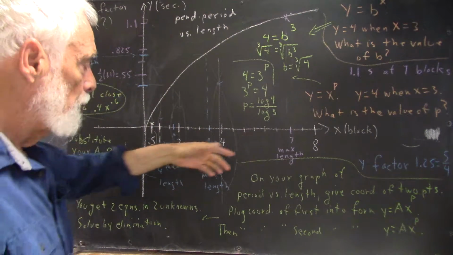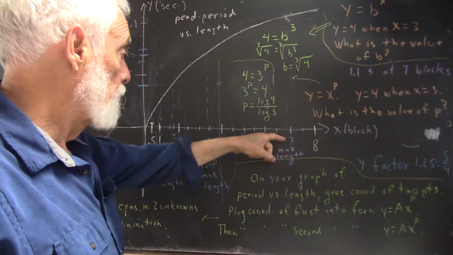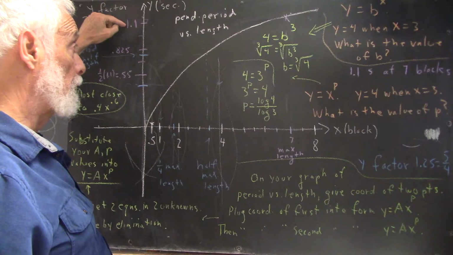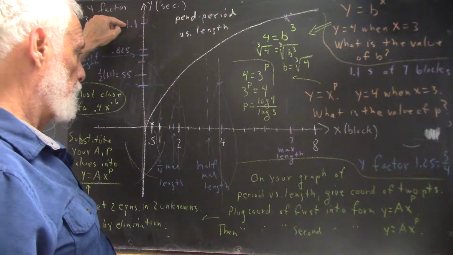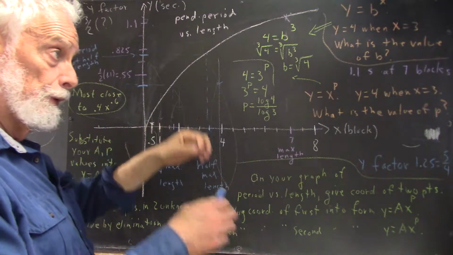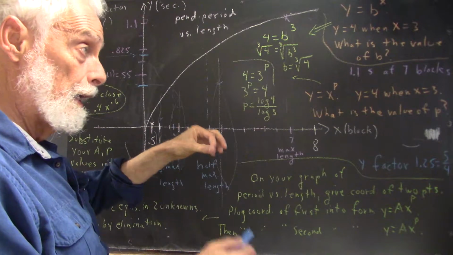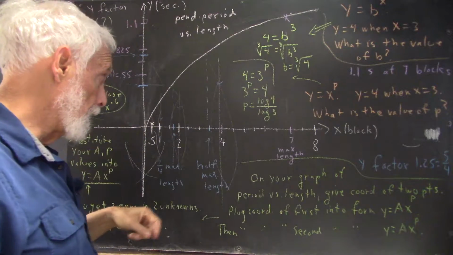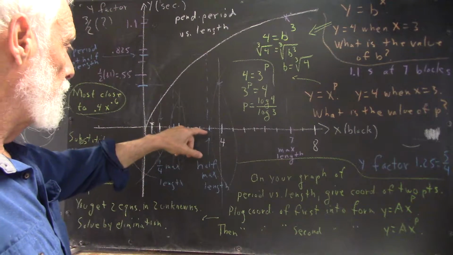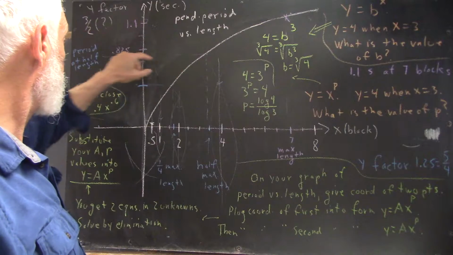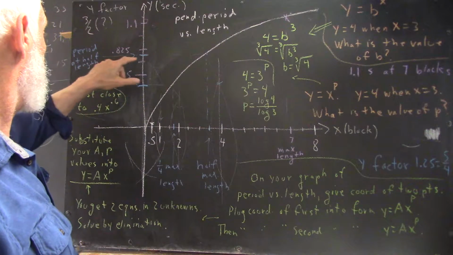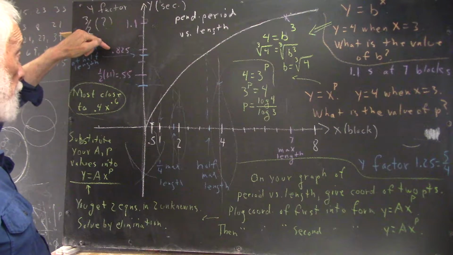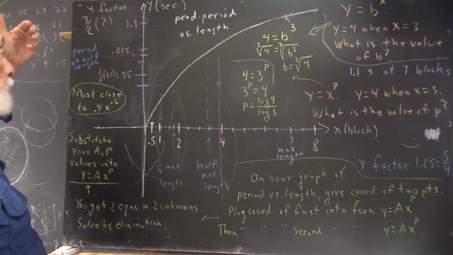We determined from the counts that when the length was 7, the period was 1.1 seconds. And when the length was half that, because we kept folding the pendulum string in half to get a pendulum of half the maximum length and then half of that length, half the maximum length gave us a period of, I don't remember what the number was, something a little below 0.825, maybe it was 0.8 seconds.